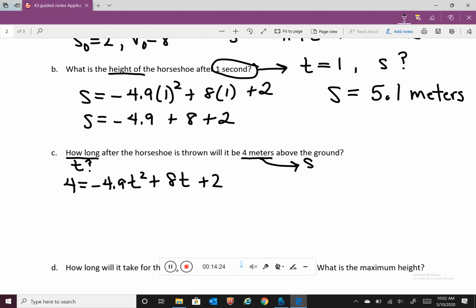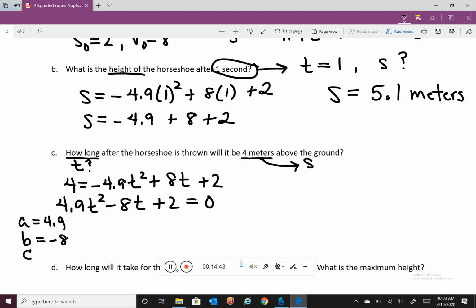So I'm actually going to add the 4.9 times t squared to the left side. I'm going to subtract the 8t, and I'm going to subtract the 2 combining with the 4. And now we have A is 4.9, B is negative 8, and C is 2.